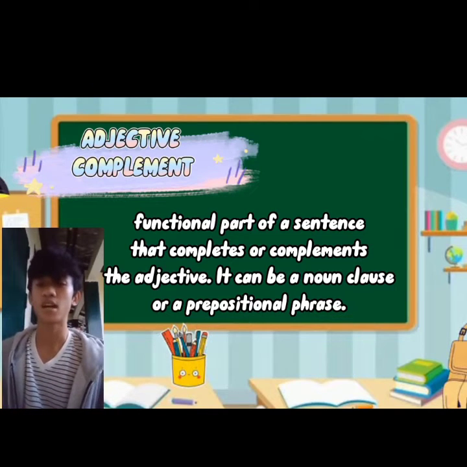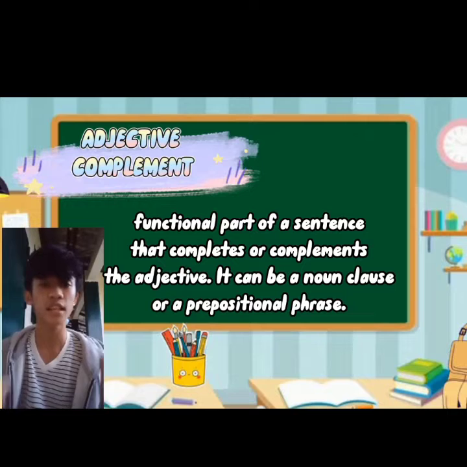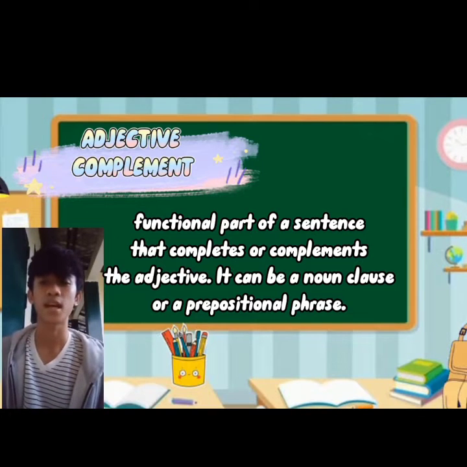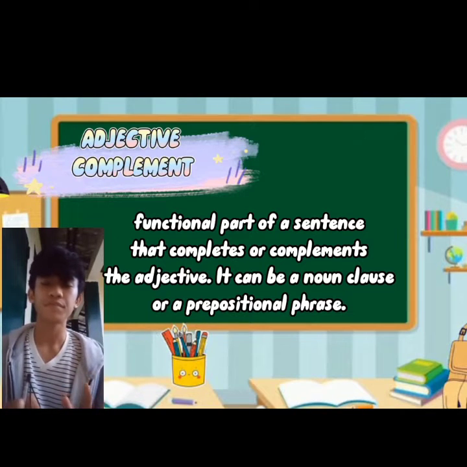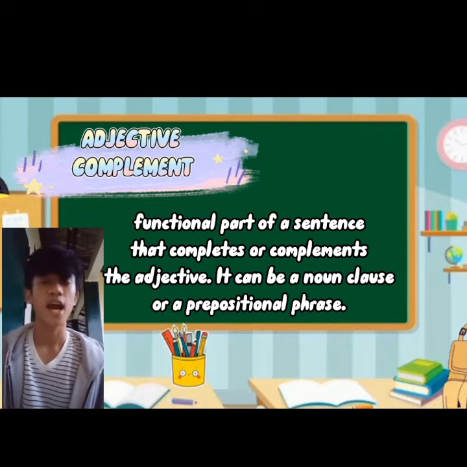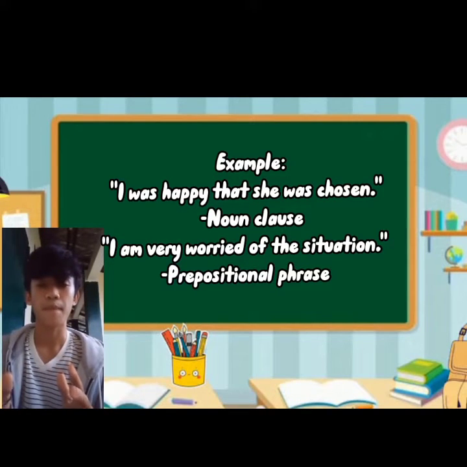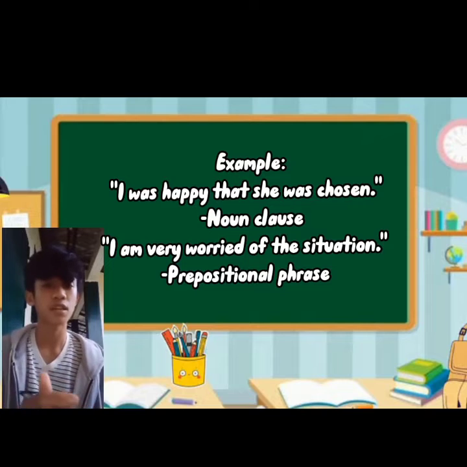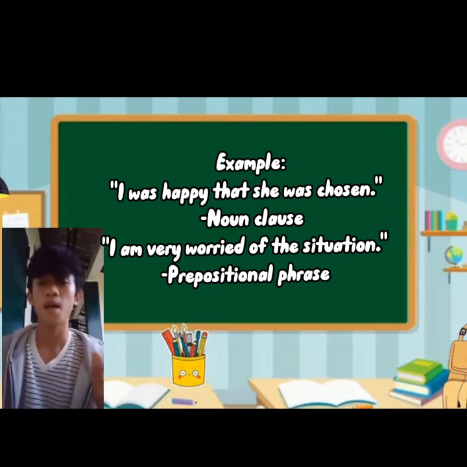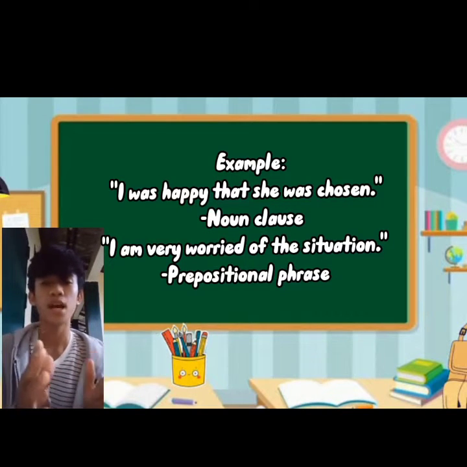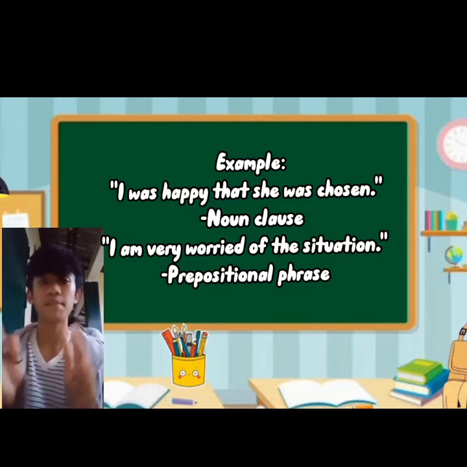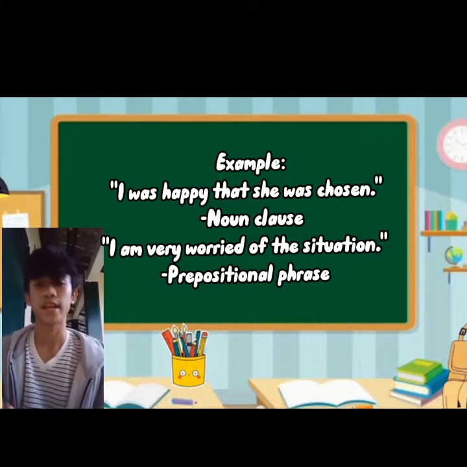These are functional parts of a sentence that complete a complement. The adjective complement can be a noun clause or prepositional phrase. Example: I was happy that she was chosen. That is the example of a noun clause: she was chosen.